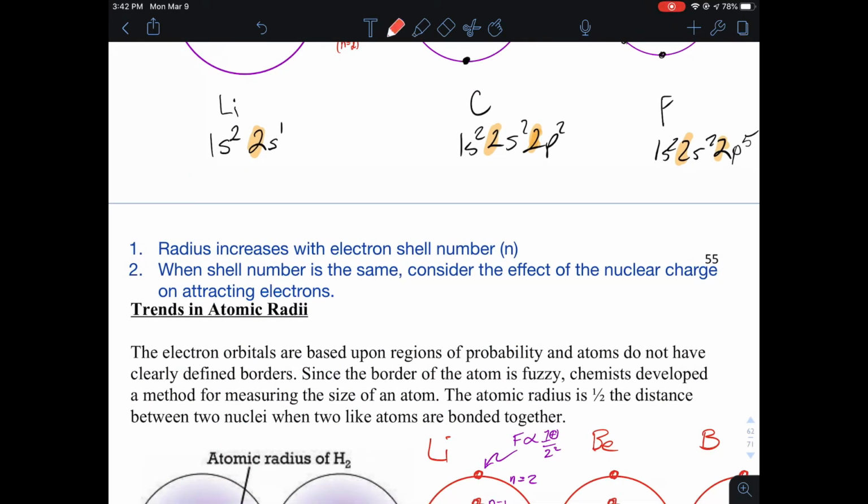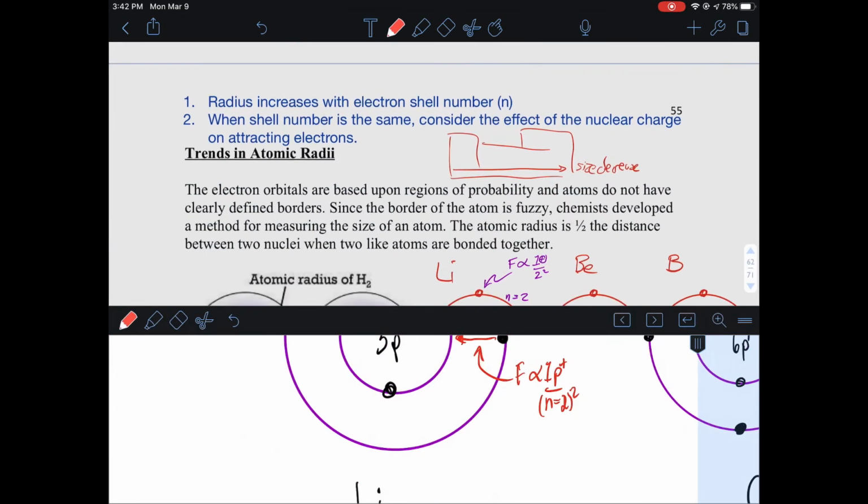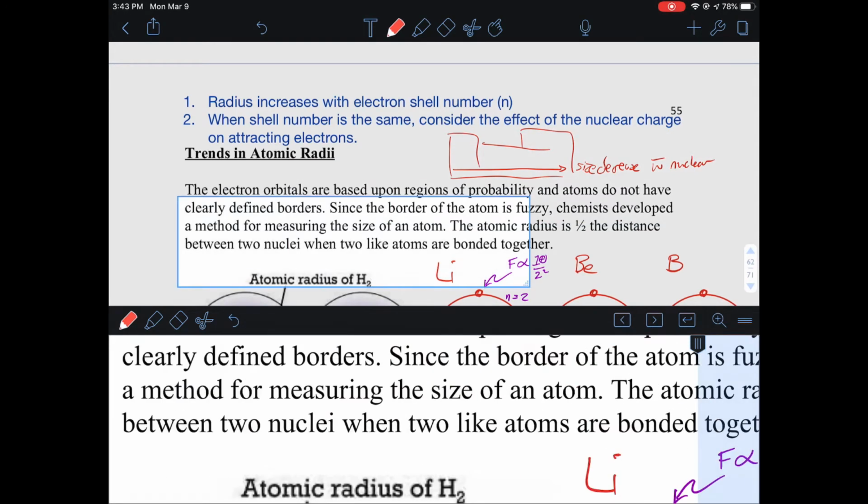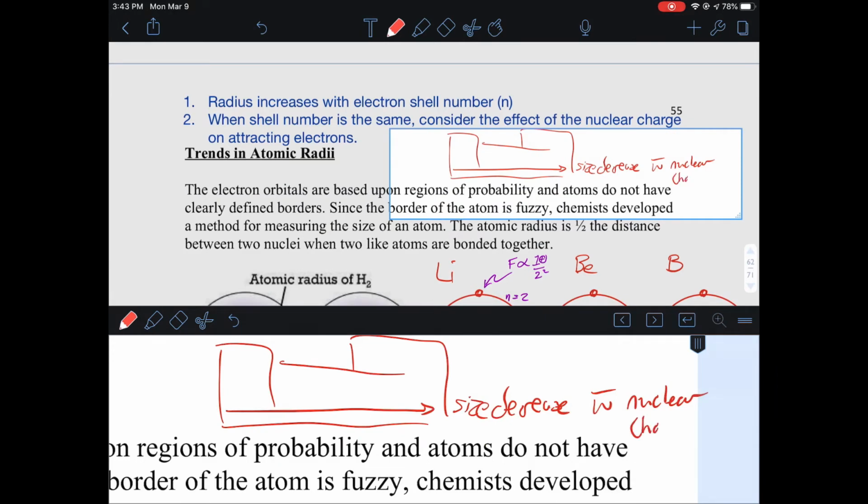So when we go across the table, if we think about our table like this, we have an effect where the size decreases with nuclear charge.